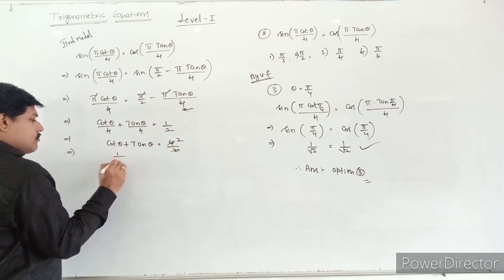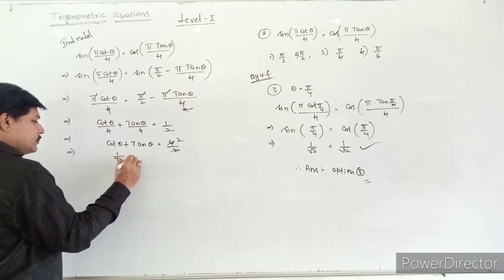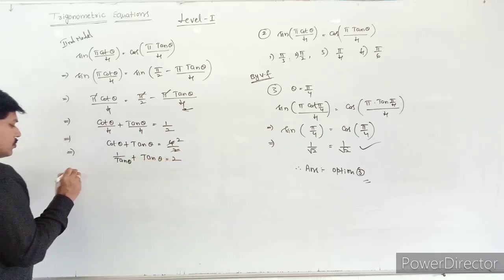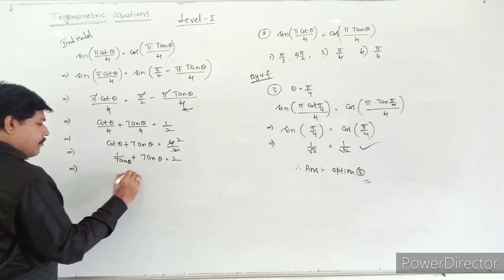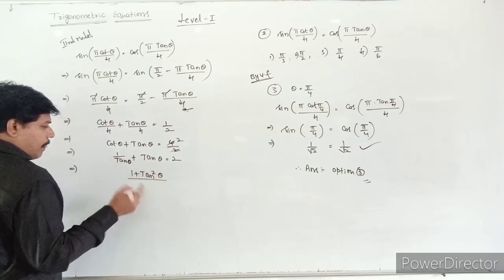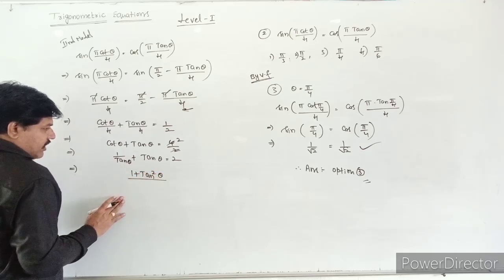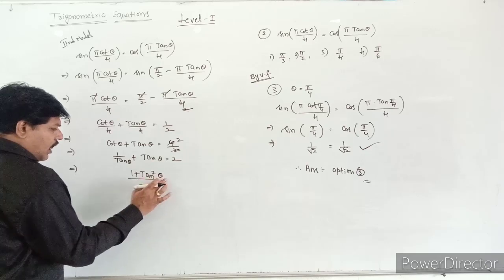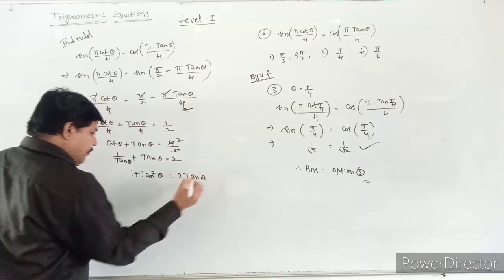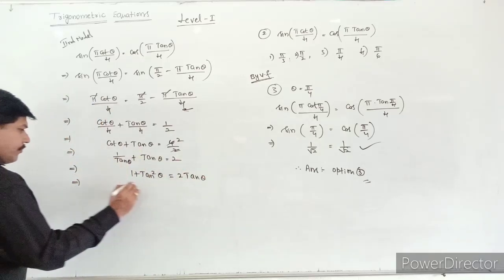Cot theta you can write as 1 by tan theta plus tan theta, that is equal to 2. So that implies, take the LCM, 1 plus tan square theta by tan theta is equal to 2, or you can take this 1 plus tan square theta is equal to 2 tan theta and take this term to this side.